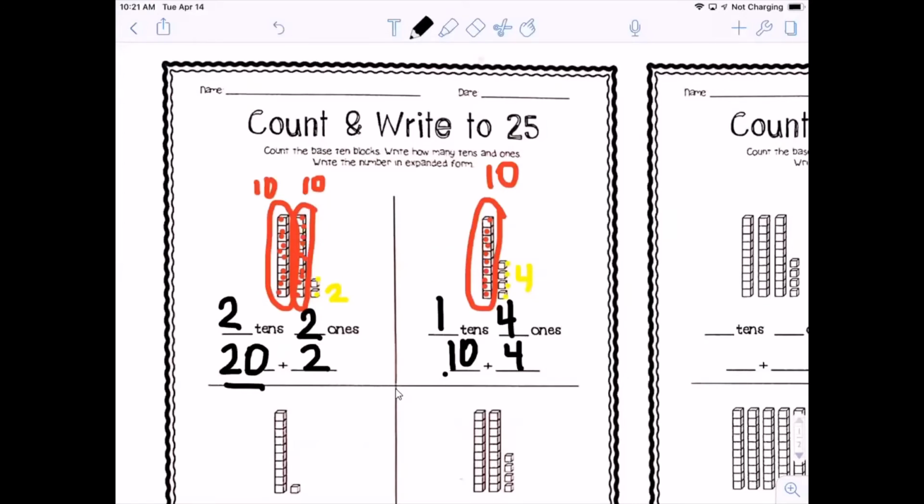And look, boys, if we put this number and this number together, it makes what? 14. So that's a different way of writing 14. Okay, ready? Let's try one more on the other side.